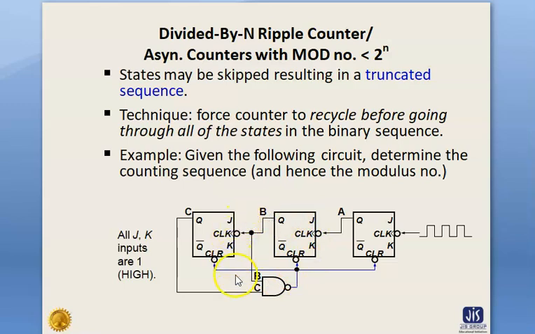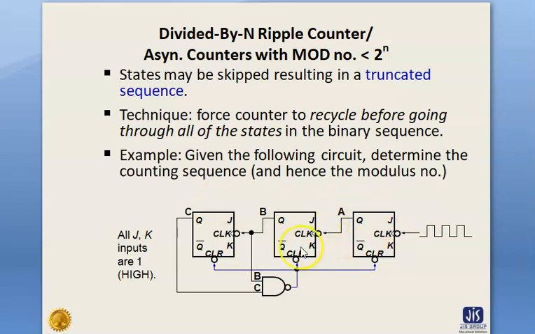We have to determine the counter sequence, which is the modulus number. So this is the first flip-flop. A is the LS bit and C is the MS bit in the counting sequence.